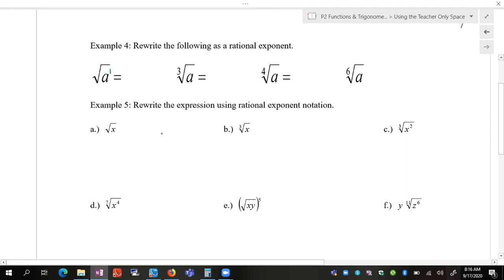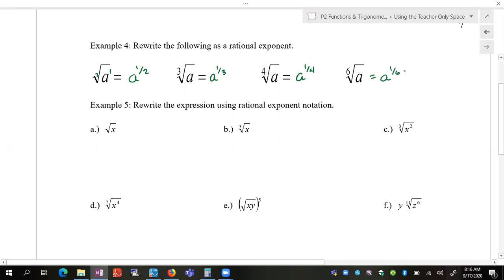It's implied as a 1, but the root, again, this is kind of that time in math where the invisible number that's not there is a 2. So we're actually going to rewrite this as a to the 1/2. And the next one as a to the 1/3. And the next one as a to the 1/4. And the last one here as a to the 1/6.